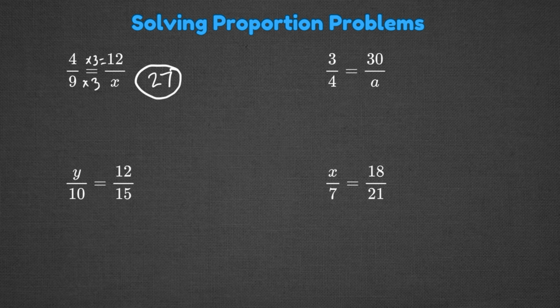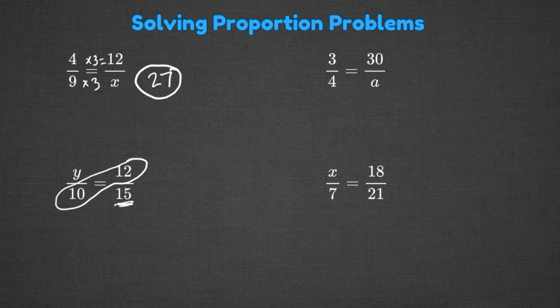Let's try a different method on the proportion on the bottom here. This one, we're going to do the classic cross multiply. What you can do is you can multiply the two numbers that you have and then divide by the other number.